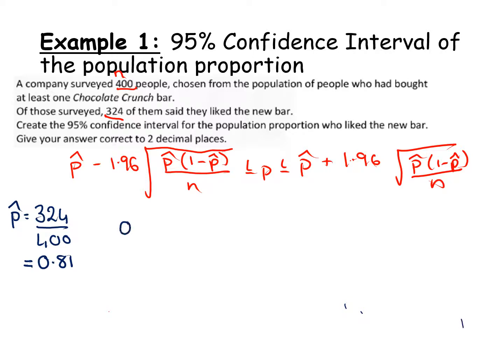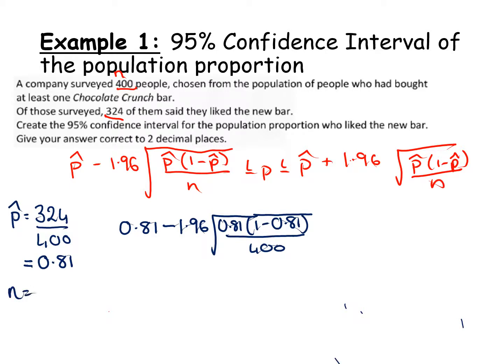So what this formula looks like then is 0.81 minus 1.96 times the square root of 0.81 times 1 minus 0.81 all over n, which is 400. So I should have written that here so it's really clear for anyone correcting my work.